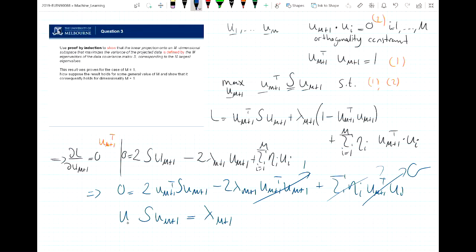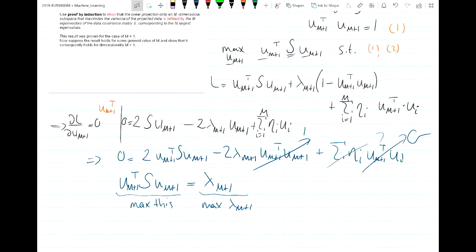Let me see, um plus 1 transpose here as well, right? So we have the same situation as before. Maximizing the variance is maximizing this, which is equal to max lambda m plus 1. So we need to choose the next largest eigenvalue as we were discussing.